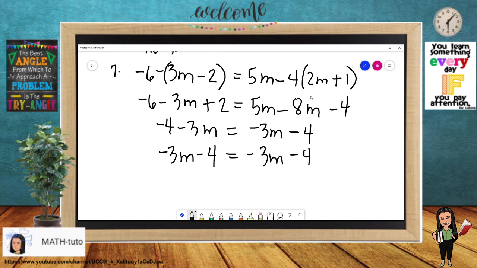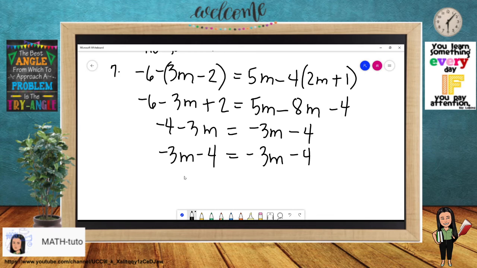So, the simplest form of this equation resulted to an expression equal to itself. Dito naman, ang mangyayari, if we will solve this further, variables muna. Pero kita naman na natin na naging equal siya sa sarili niya.